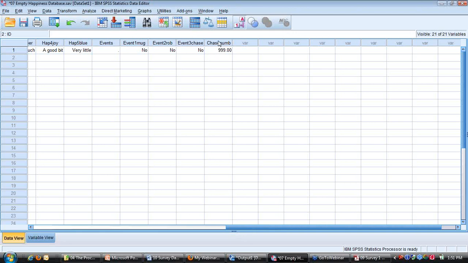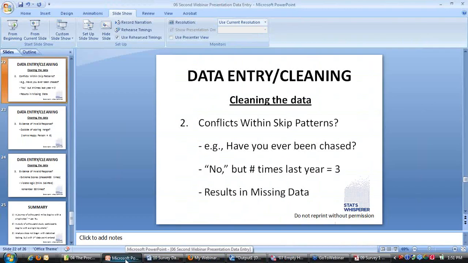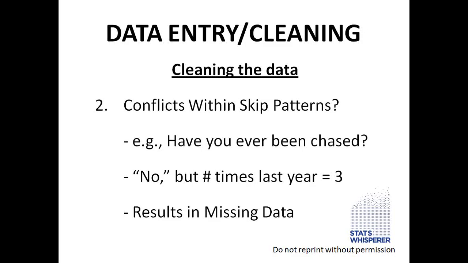But if you don't do the check by looking here and seeing if there's been a number entered, and you just consider that variable without checking it against that one, you could just use these indiscriminately, like these responses, without seeing the conflicts here, and you might have to actually remove cases after you start the analysis. So anyway, the point is just make sure you check the skip patterns before you do anything else so you know if the data should be missing.